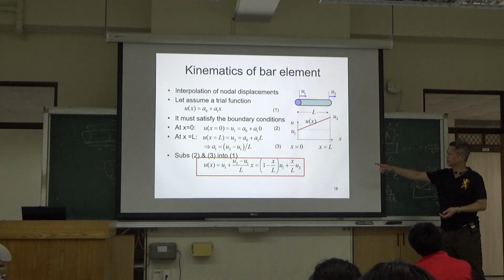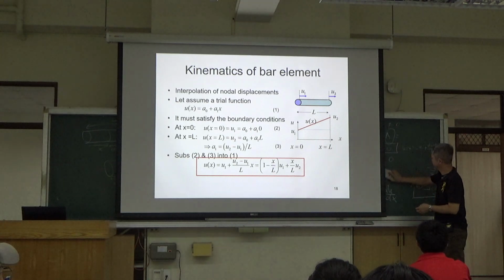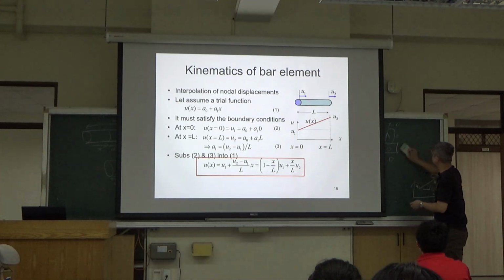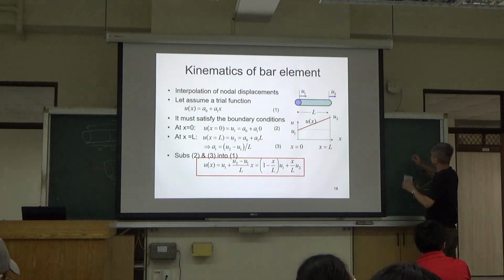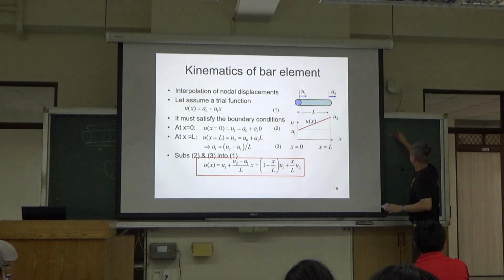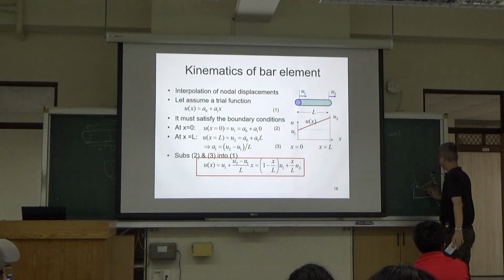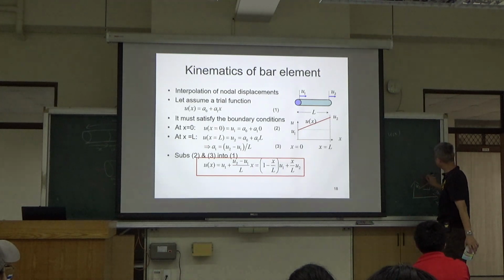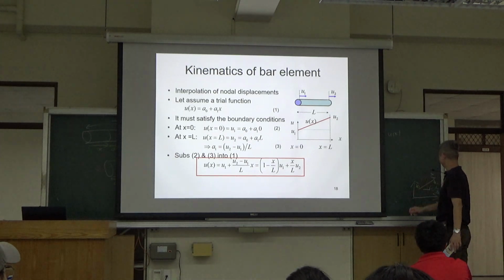But over here, what the mathematician is trying to tell you is, I can rewrite these expressions by introducing you the concept of shape function. U at any point is called Ux. Okay? This any point is X. Okay?